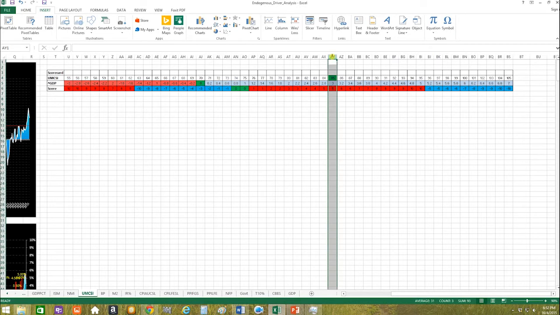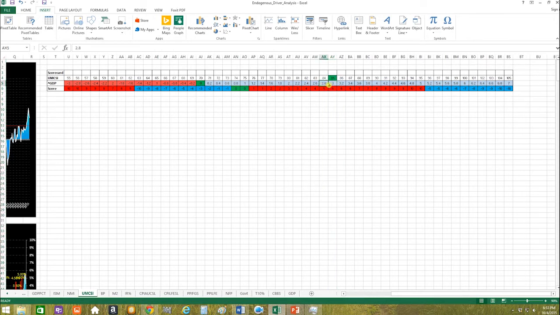If we start here in column AY, we look at the average level of the UMCSI historically, which is 85. And that level of the UMCSI, 85, the average of the historical data, is consistent with levels of 3% GDP growth.